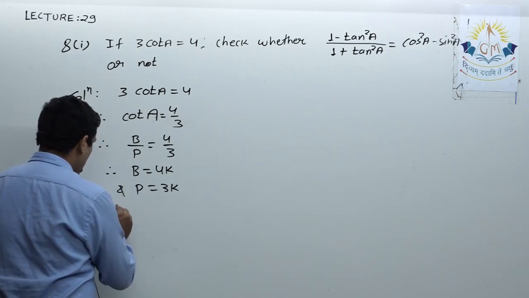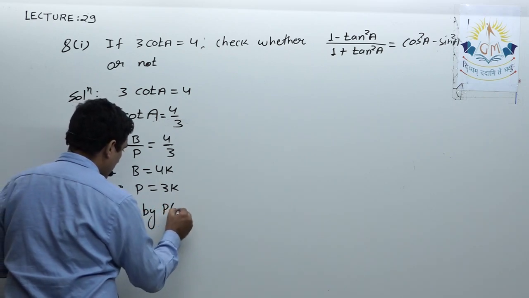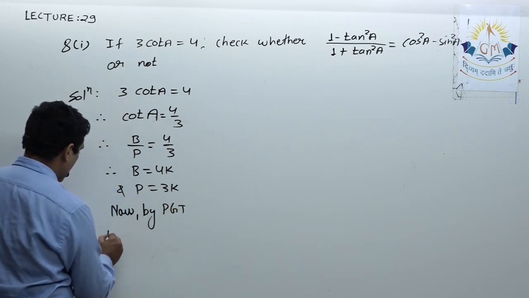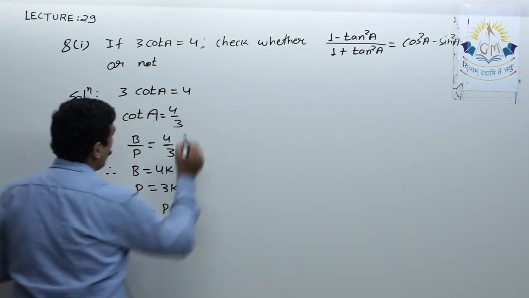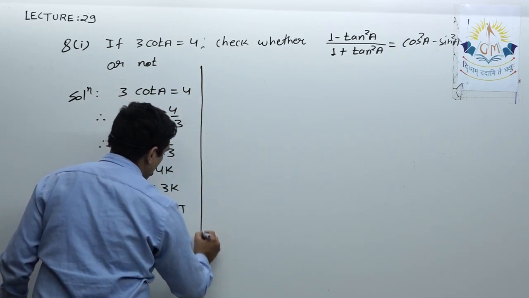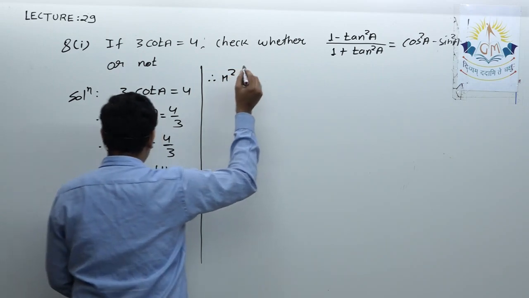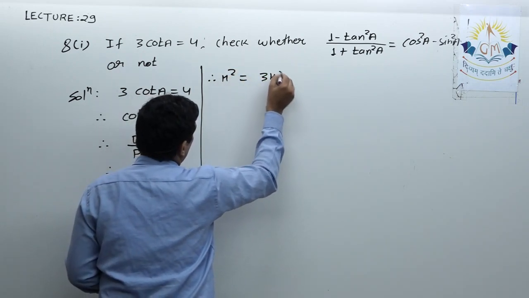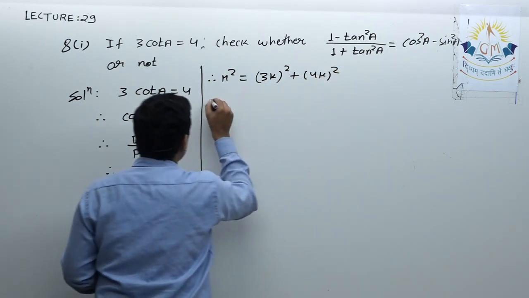So now, by Pythagoras theorem, I can write h square is equal to p square plus b square. That gives me the value of hypotenuse. Therefore h square is equal to 3k whole square plus 4k whole square.